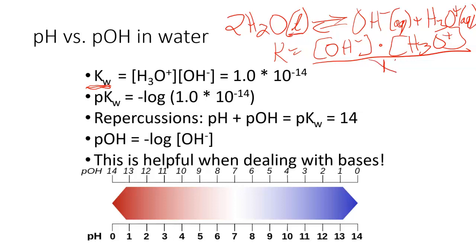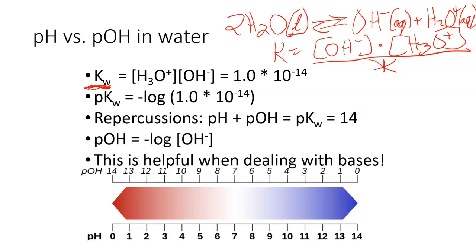So we leave that off, because normally if we have a fraction with 1 on the bottom, we just leave the 1 out. So our K expression for water is the concentration of H3O+ times the concentration of hydroxide. The Kw for water is 1.0 times 10 to the negative 14 at room temperature.